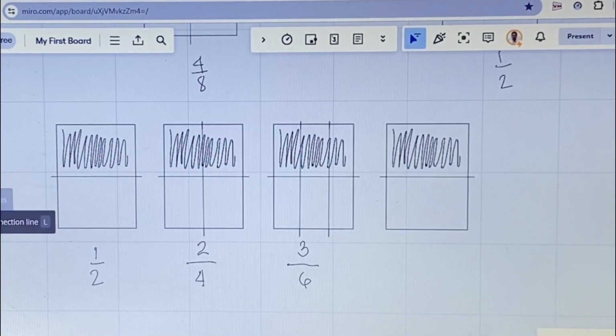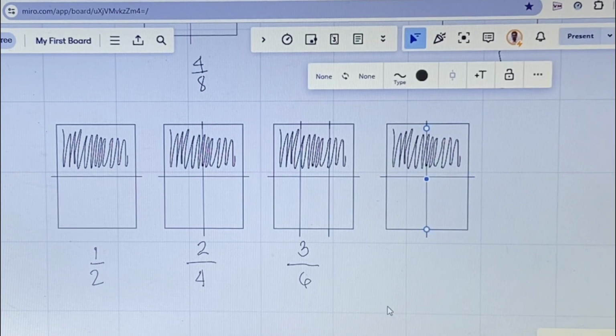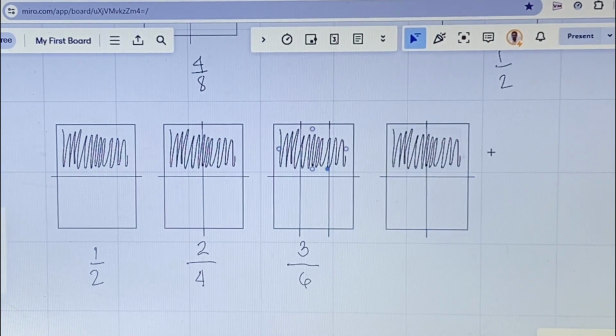Now what if instead of 6 we decided to cut this one into 8 equal parts, basically like this. Let's divide it like that, and let's have another one here. As you can see, this is divided into 8 equal parts now.